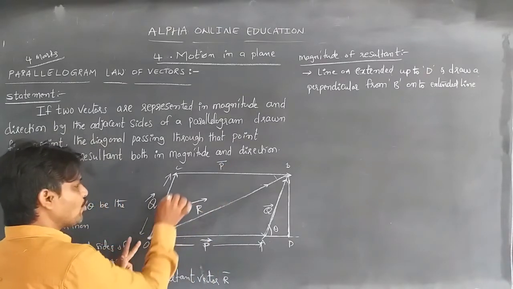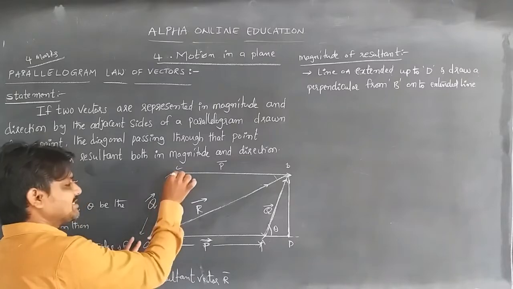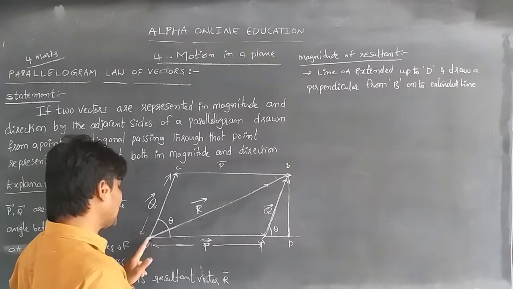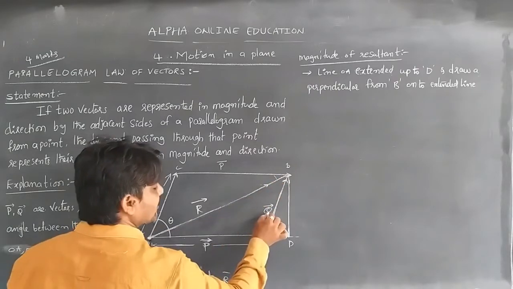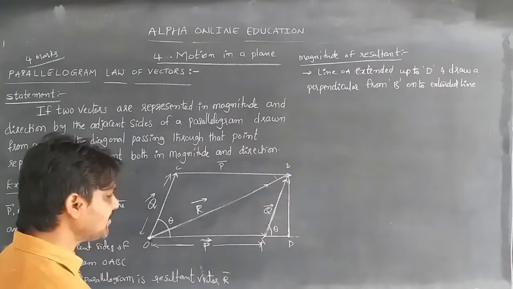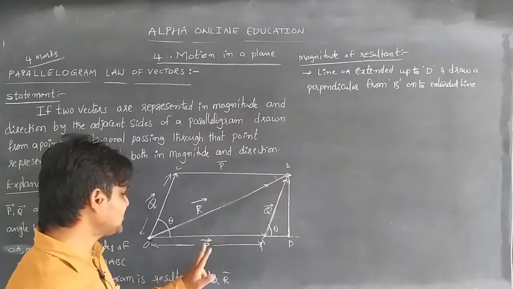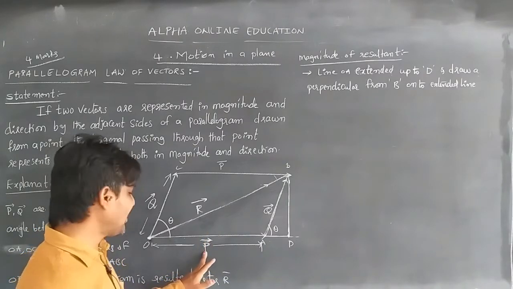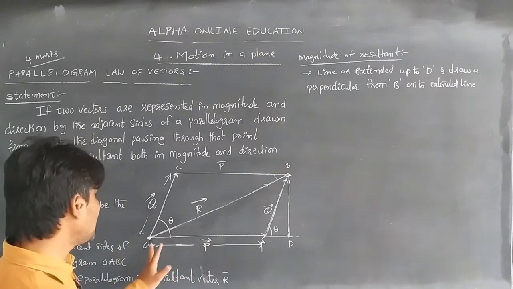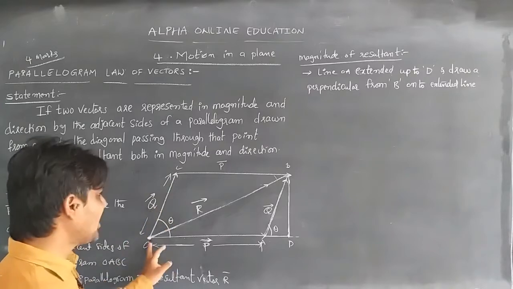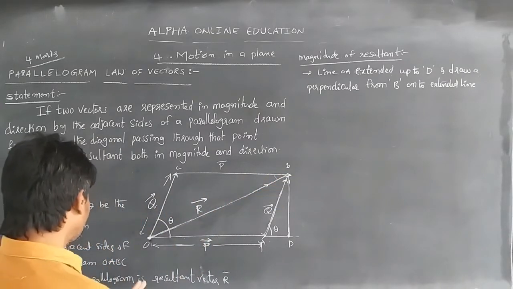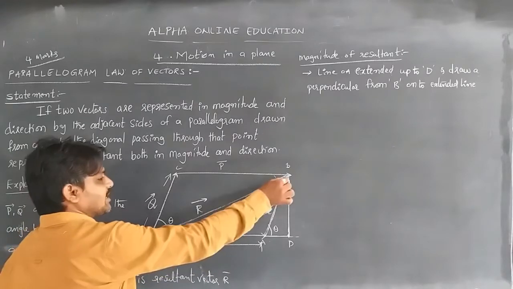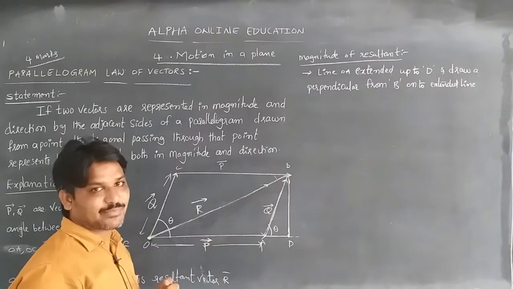The other adjacent side OC is parallel to AB, so this is also Q bar. Here the magnitude of OA is P bar, OC is Q bar, and OB is R bar. Whenever the diagonal is the resultant, it is represented as R.